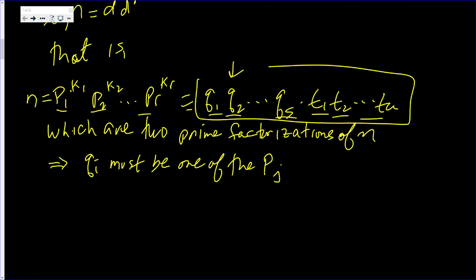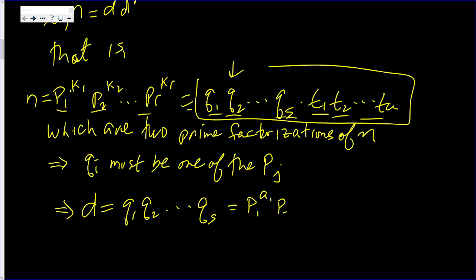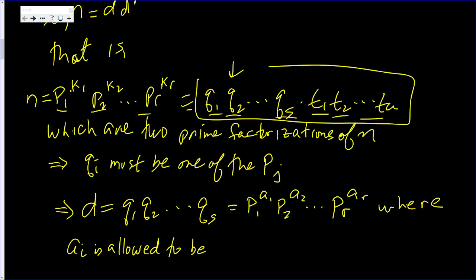So what we get is that D is equal to Q1, Q2 up to Q sub S. This is equal to P1 to the A1 times P2 to the A2 all the way up to PR to the AR, where A sub I is allowed to be 0.